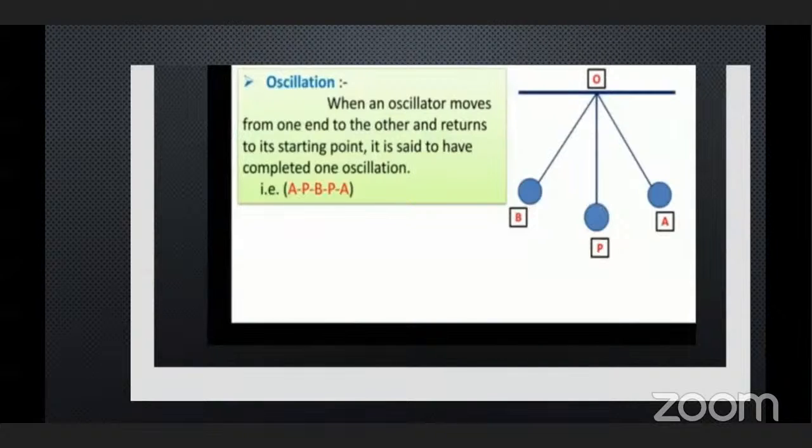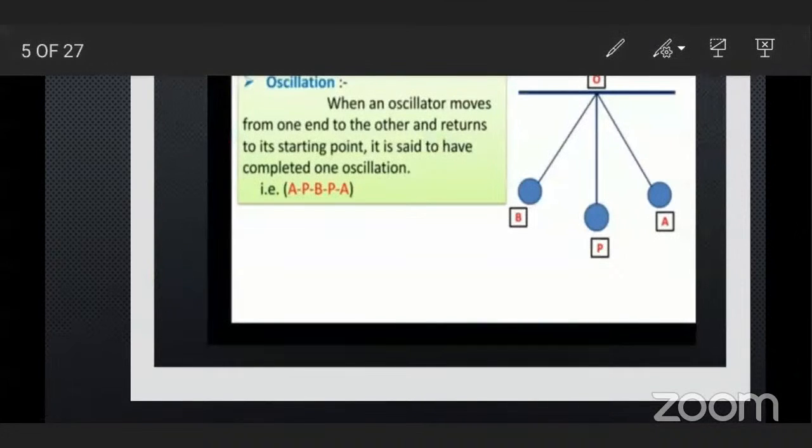When an oscillator moves from one end to the other and returns to its starting point, it is said to have completed one oscillation. If the oscillator moves from A to P to B and again returns to its starting point, then it completed one oscillation.